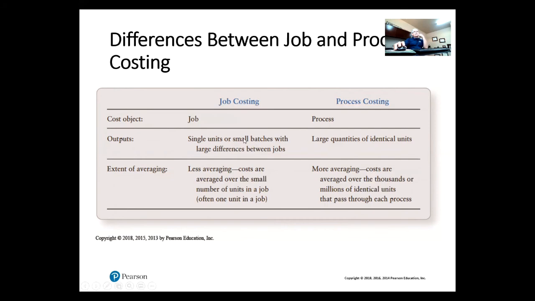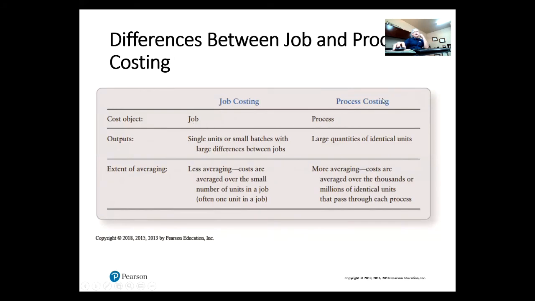Here we can see a table of job costing versus process costing, and compare the two. The cost object, or the objective, is going to be the job. So you're going to be looking for ways of taking manufacturing costs and applying them to jobs.